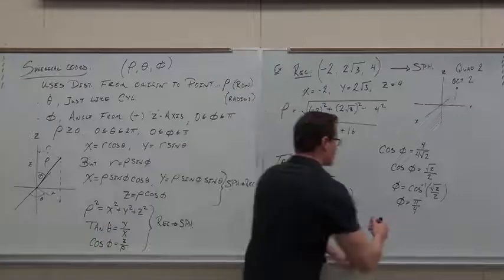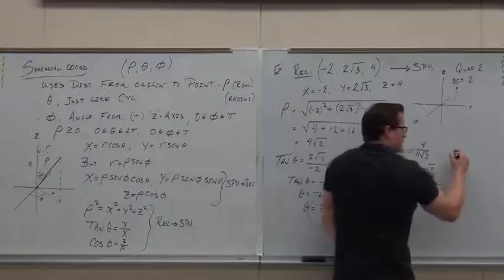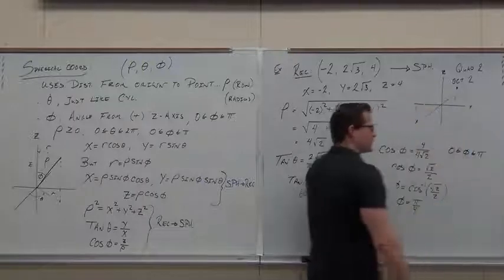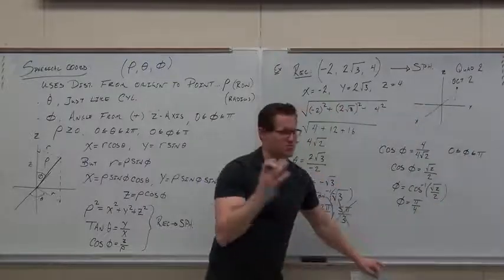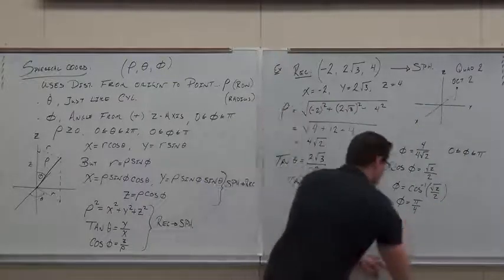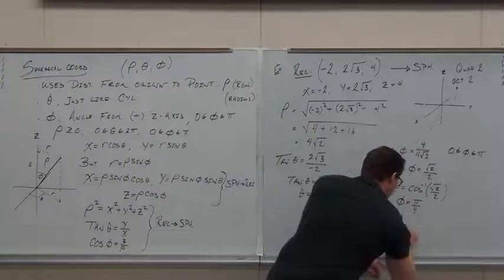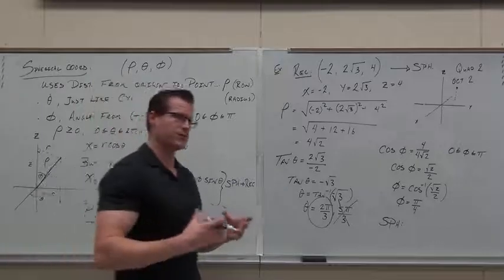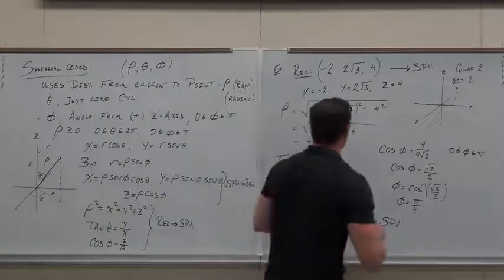If you want the little side note here, remember that's the interval for phi. It doesn't go outside of that. And we put the spherical coordinates. How do we start it off? What do we put first? The rho, the phi, or the theta? What's first? Rho.